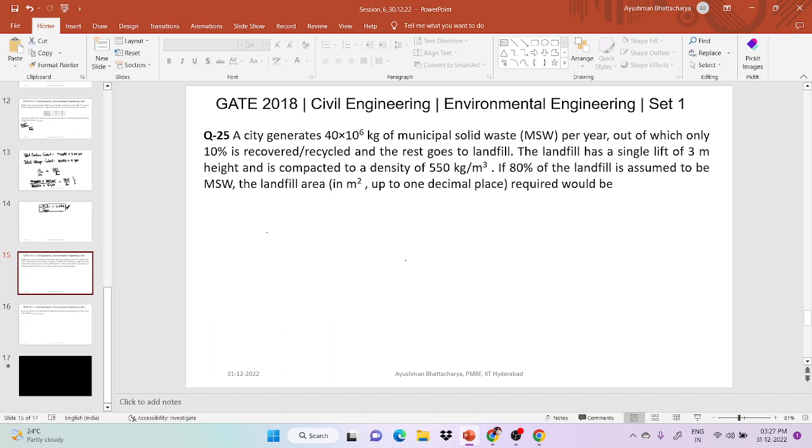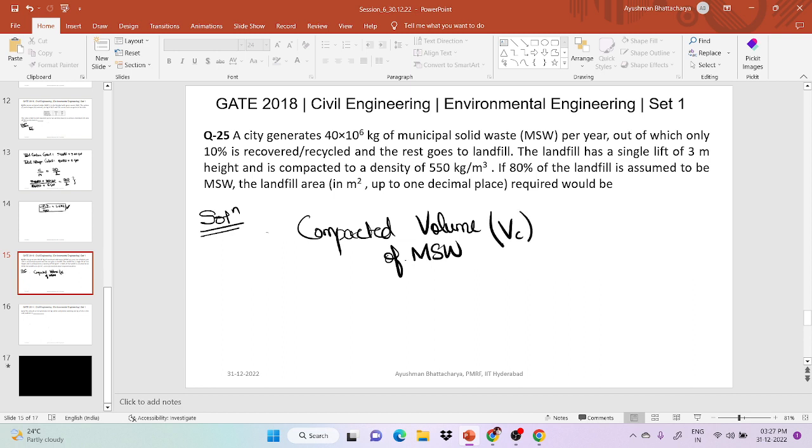So the answer will be, see this question. In this we should first know that the compacted volume of municipal solid waste, VC, is equal to the amount of municipal solid waste going to landfill divided by compacted density.